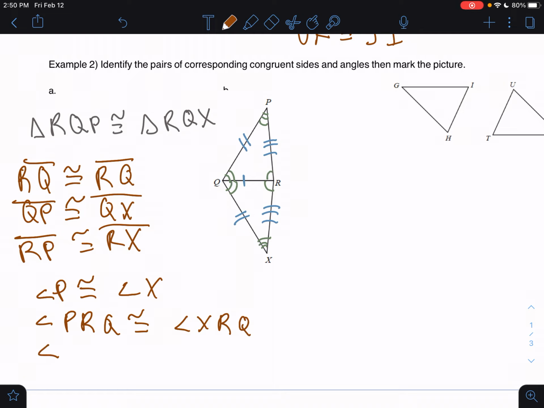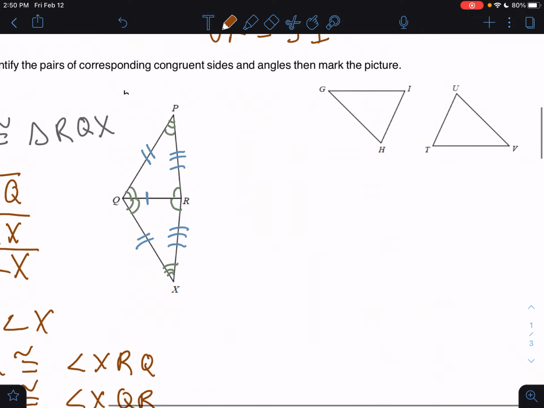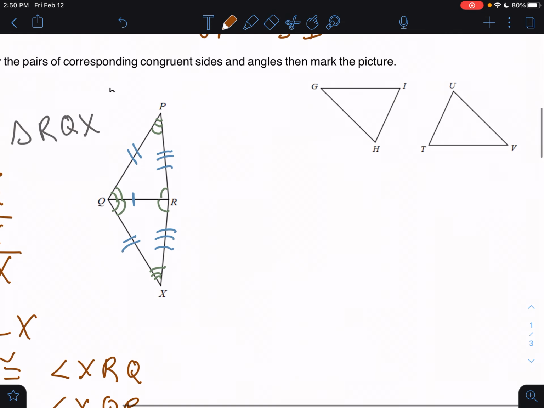And then I will say that angle PQR, which is this angle right here, PQR, is congruent to angle XQR.